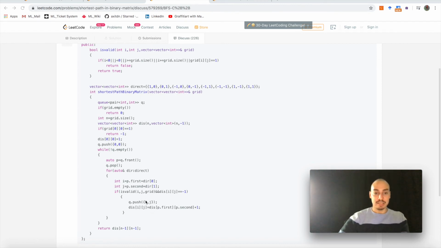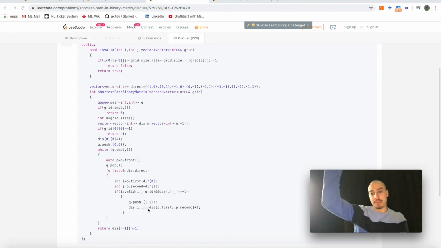And in this case, once we have reached our destination, n minus 1, we return the overall distance. So distance is what we kept track of while doing our breadth first search. The distance of the start element is 0. It has a 0 distance to itself, and then for all its neighbors, it's basically the old distance plus 1.